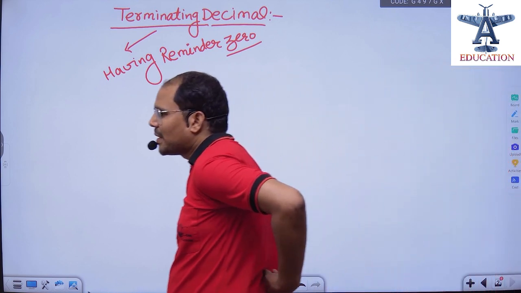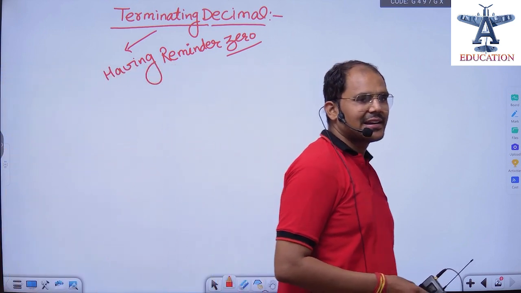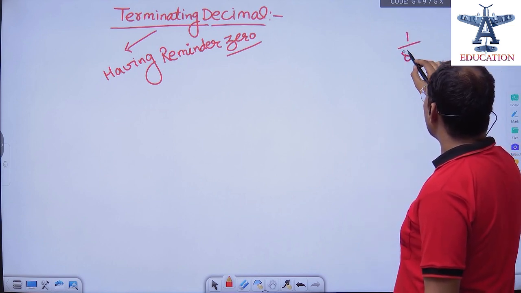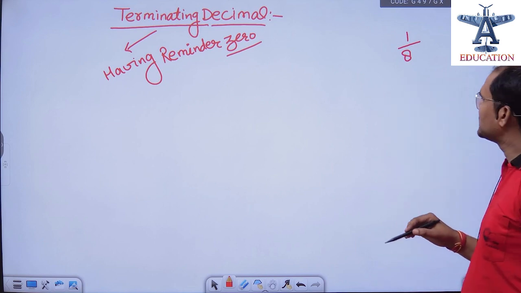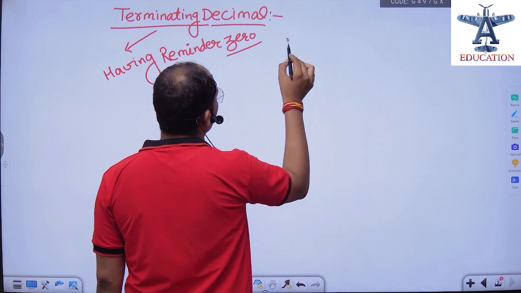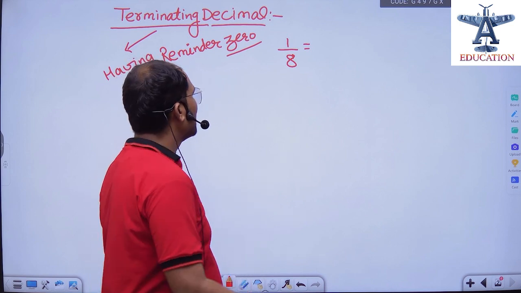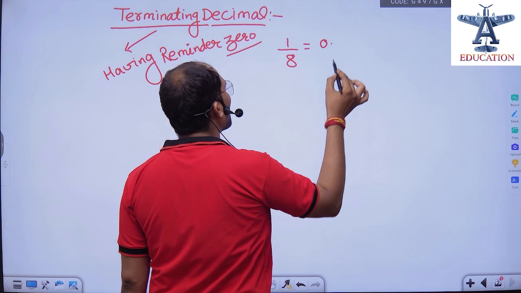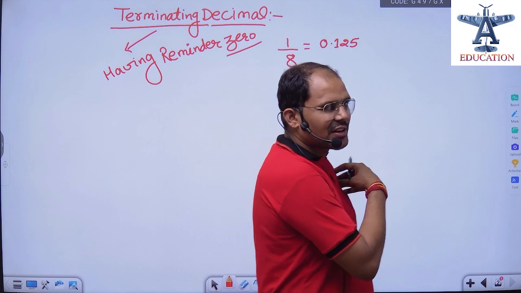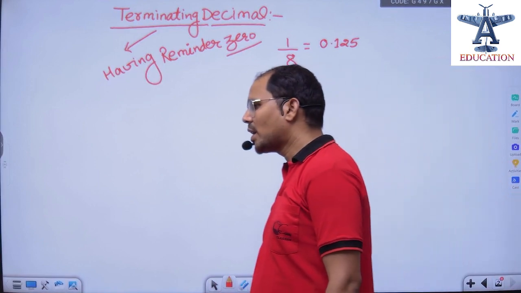If a number is completely divided, it will have the remainder 0. It is known as terminating decimal. For example, if 1 is divided by 8, the answer will be 0.125.